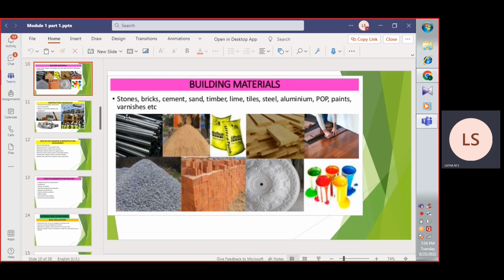In the picture, this is steel, this is sand, this is cement, this is wood, and the person is measuring the distance and the cutting dimensions of the wood. This is aggregate, this is brick, then this is POP, and these are paints, different colors of paint. One way or the other, we are using these materials.